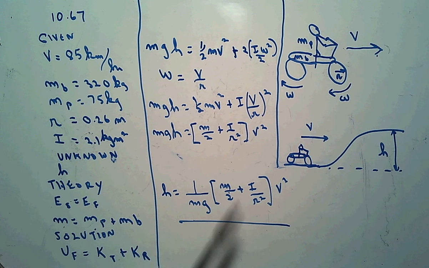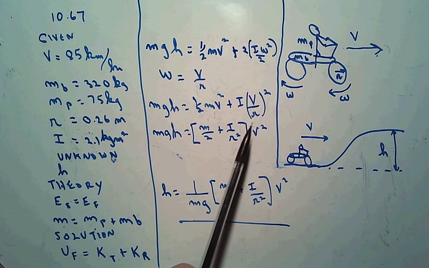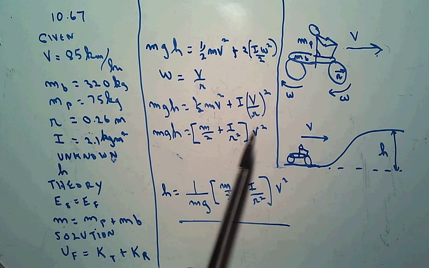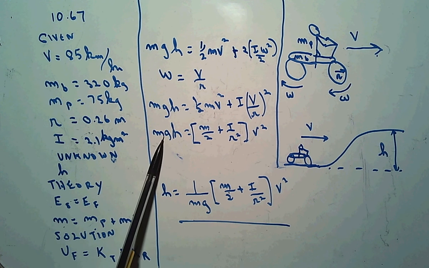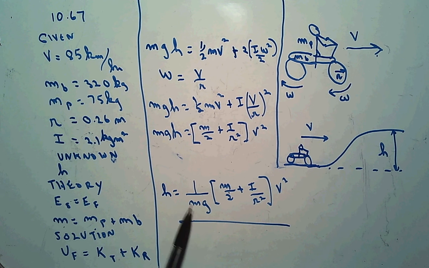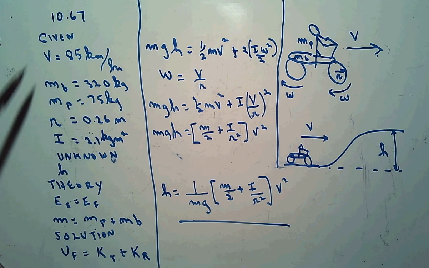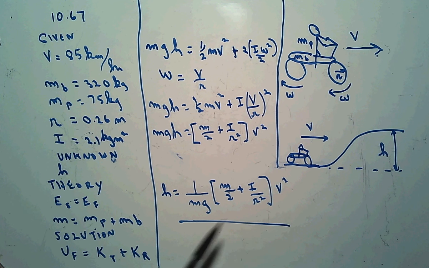All we have to do now is just a little algebra, and what we're looking for is the expression for h, okay? So we have to factor out the velocity squared, and then if we isolate h, we end up with this expression right here, in which you can then plug in the numbers to come up with the numerical value for how high this thing rises up the hill.